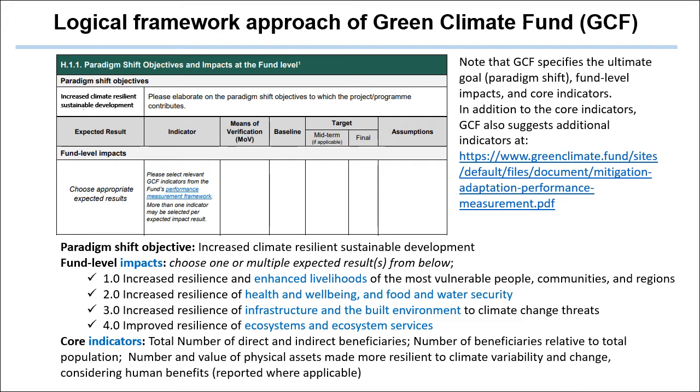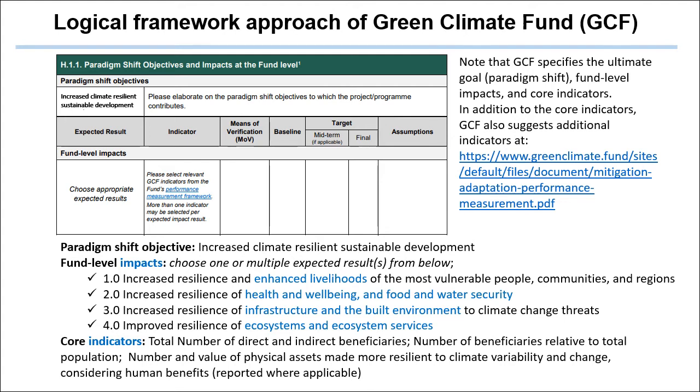Now, for each of these impacts, GCF has also indicated a number of core indicators. And in the case of an adaptation project, it is the total number of direct and indirect beneficiaries, plus the number of beneficiaries relative to the total population. It could also be the number and value of physical assets made more resilient to climate variability and change, considering human benefits where applicable.